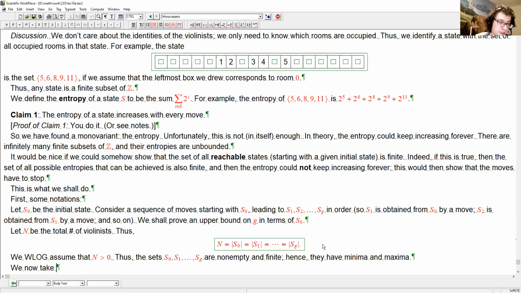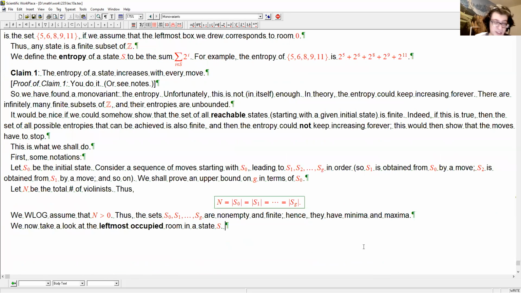Now, we take a look at the minimum, so the leftmost occupied room in a state S, where S will be one of the states. So the leftmost occupied room in a state S is the room min of S, because of how we defined S as a set.